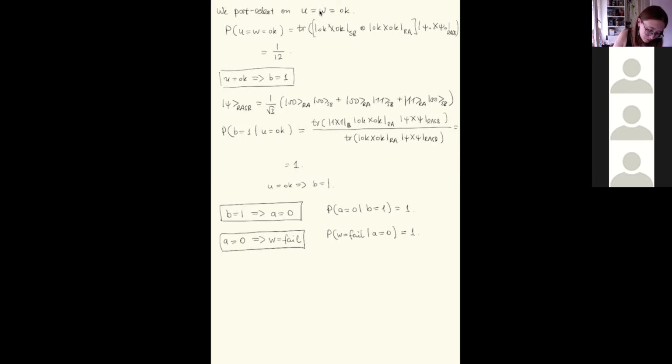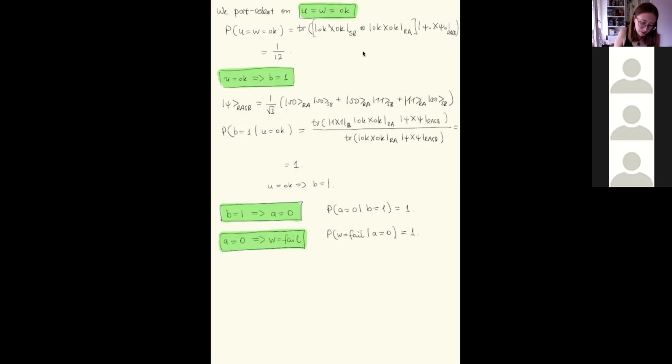Sorry, so we start with this post-selection, then we take the 3 inferences. From u equals okay, it follows b equals 1. From b equals 1, it follows a equals 0. From a equals 0, it follows that b equals fail.